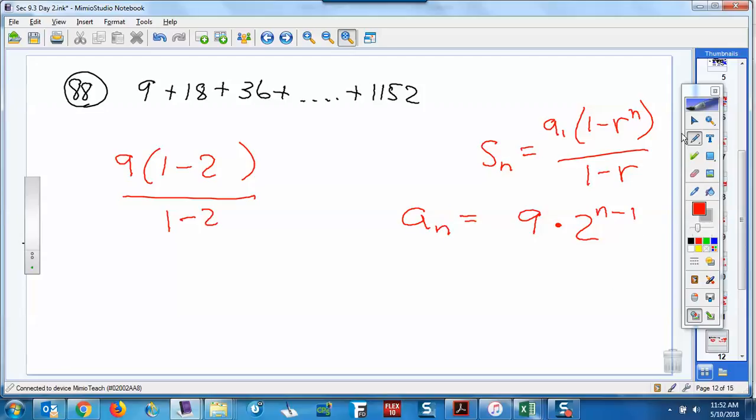And what would we put right over here? 1,152. The term that we don't know what term it is, because if we knew what term that is, then we would know n, the number of the terms, right? So 1,152.